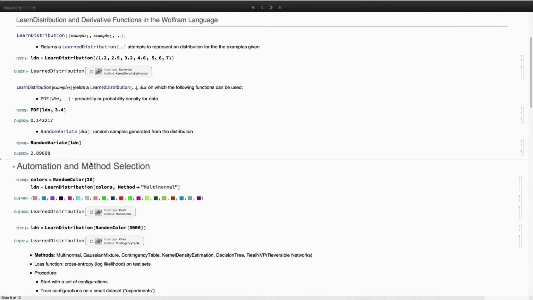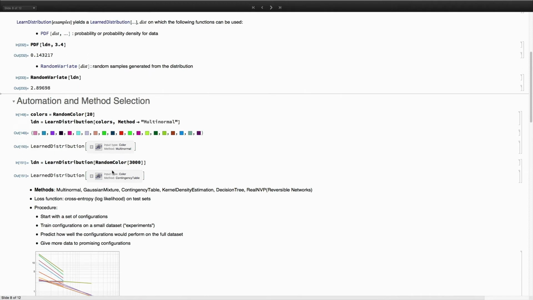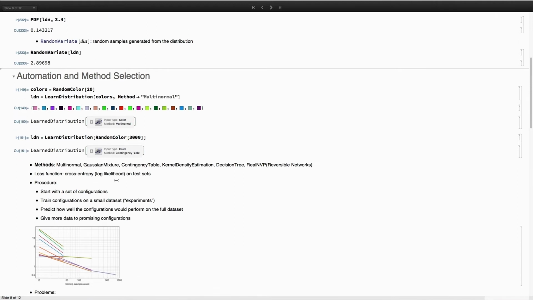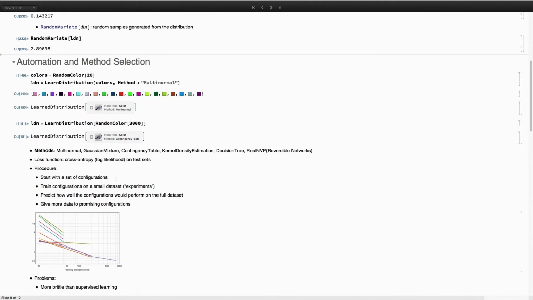Unlike the other methods where the automatic setting for method selection does not exist, since there is no universal metric for clustering and for dimension reduction to compare the performances, here for learned distribution we have a very clear metric, which is the cross entropy, the log probability of your examples, and you can simply compare all the methods' performances with just this one metric.